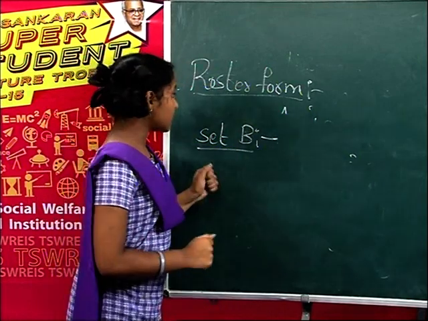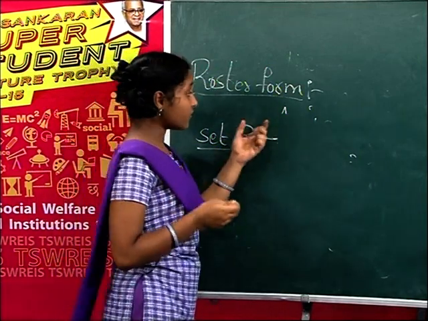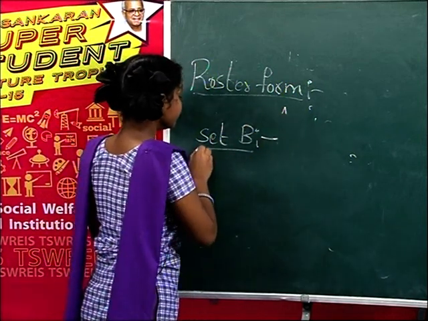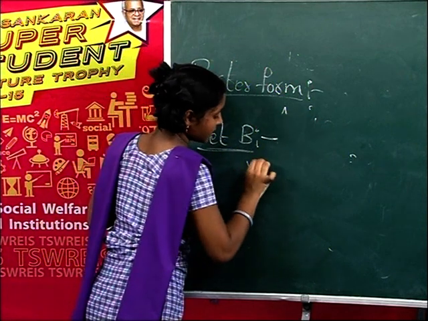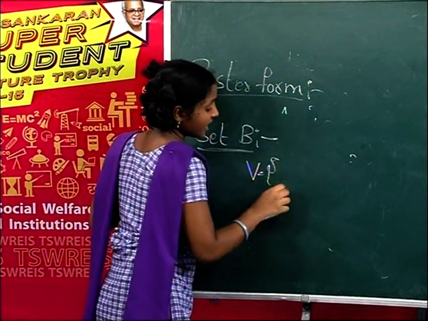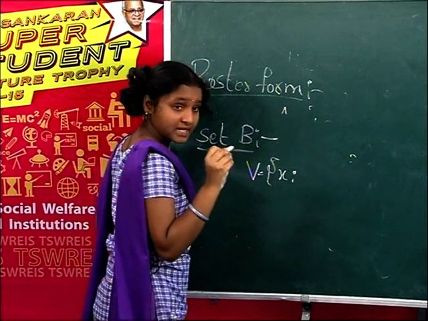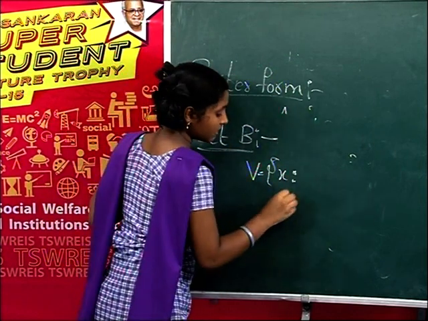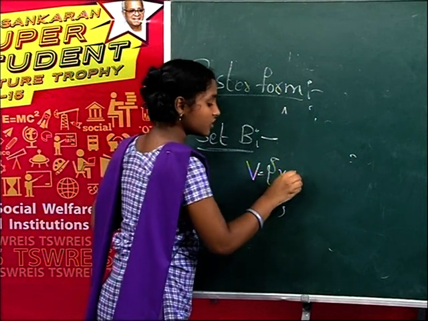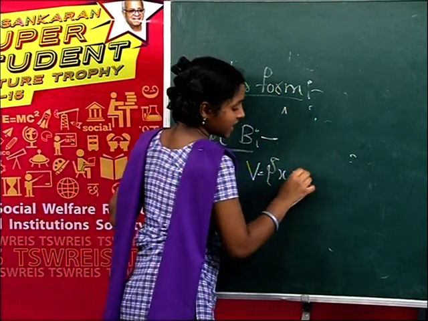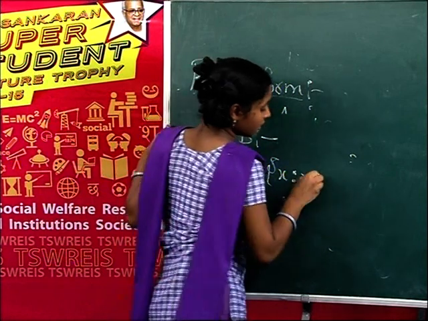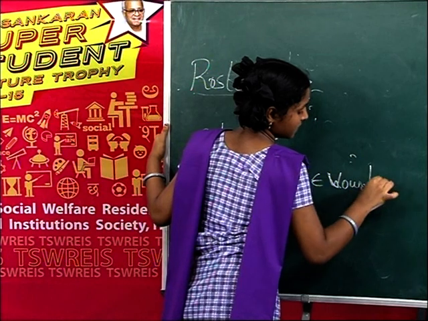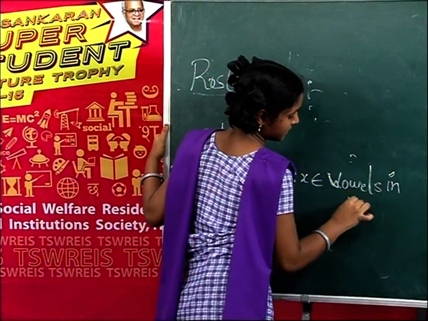Now we have written the vowels in the roster form, and now we will write in the set builder form. V equals x such that, please be careful, we should not use a semicolon, we should use only a colon. x such that x belongs to vowels in English alphabets.